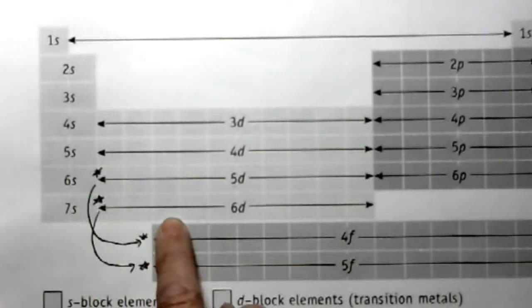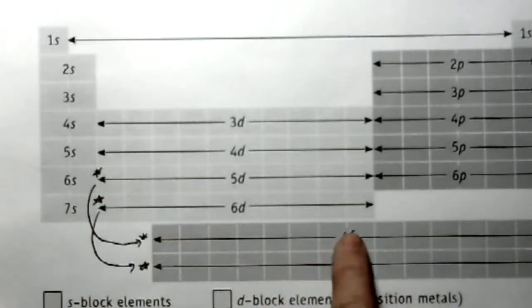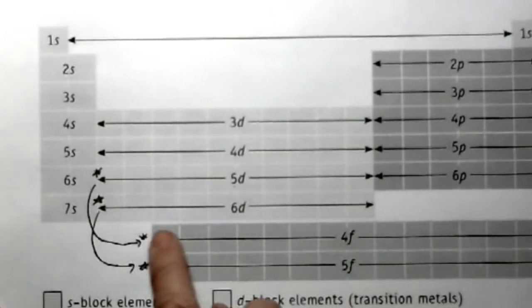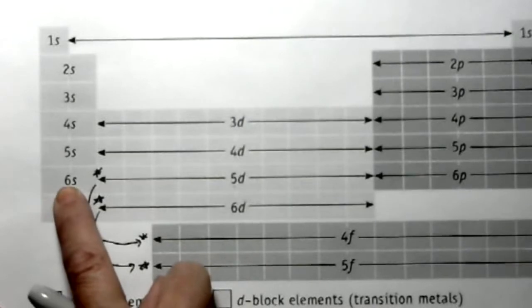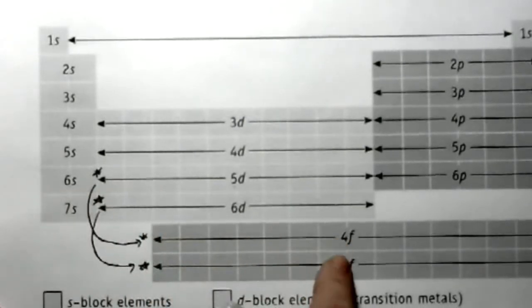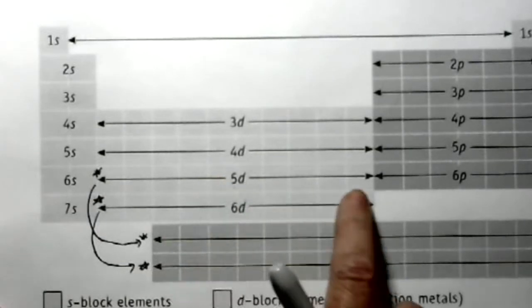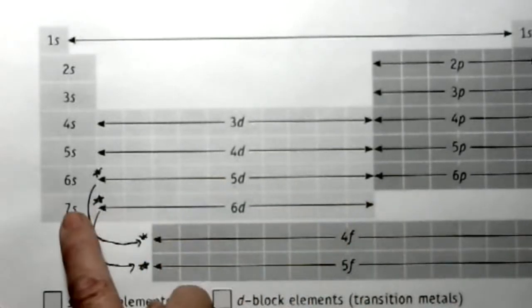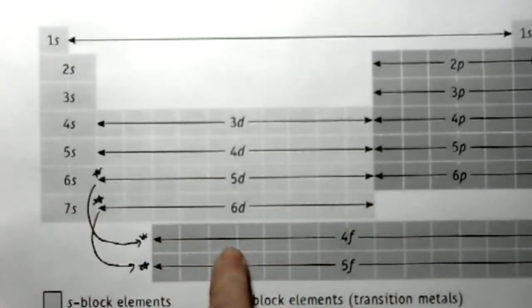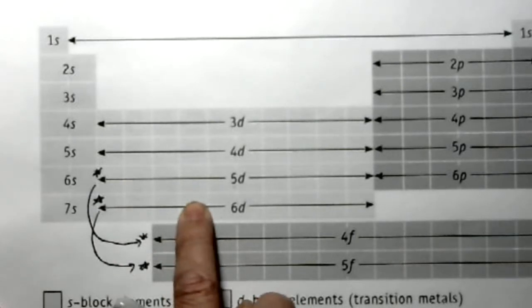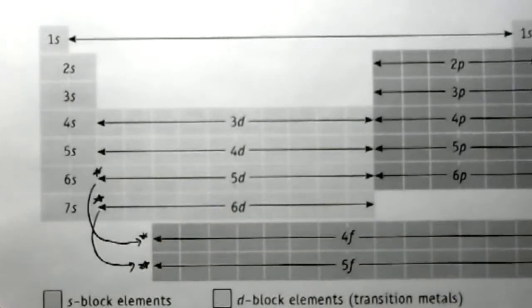Oops, now I have to go down here. Then the 4f. And notice the 4 now is 2 less than the row it's in. So this is row 6, but the F's are 2 less. So 6s, then 4f, then 5d, then 6p, then 7s, then 5f, then 6d, and we have the periodic table.